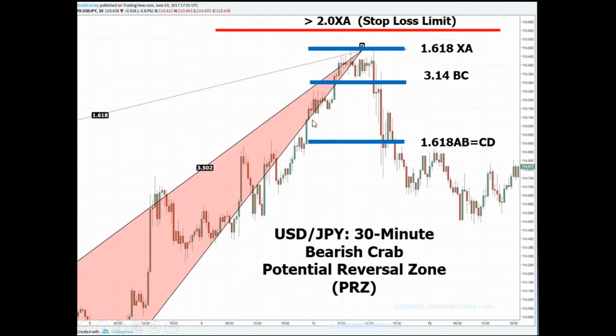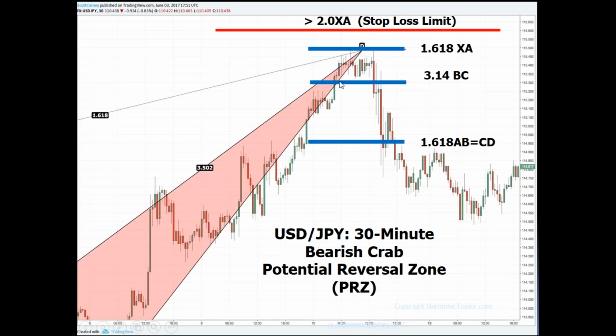Now, looking at the price action in the potential reversal zone, notice how the 1.618 almost capped it exactly, just under 115.50, with that 3.14 BC extension complementing around 115.30. If I'm looking at this as a trade, I know my entire zone is between 114.90, 114.95, and as high as 115.50.